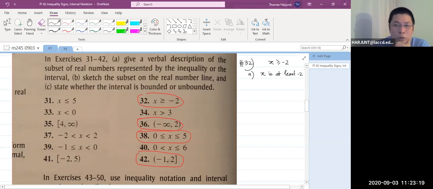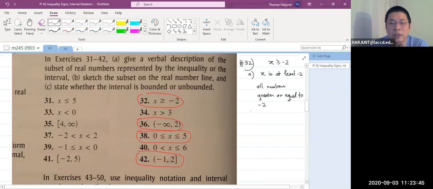Or you can also say x is greater than or equal to -2. We can also say all numbers greater than or equal to -2.